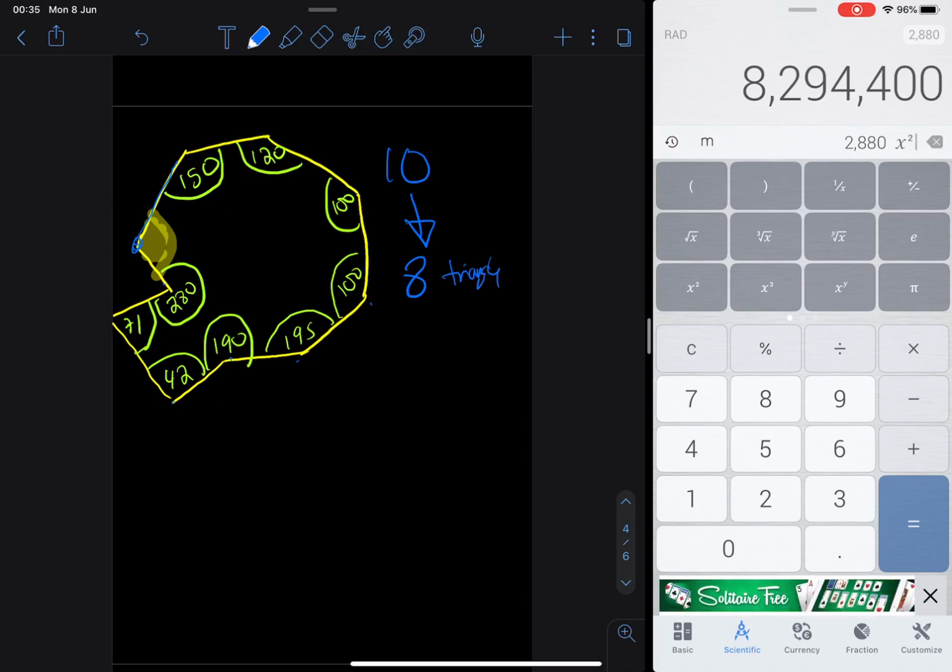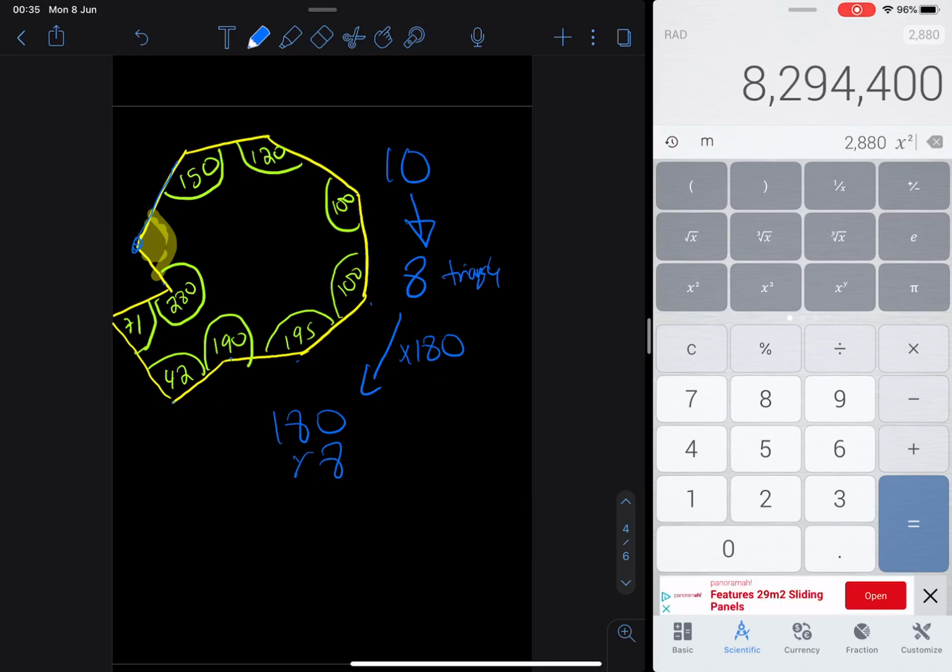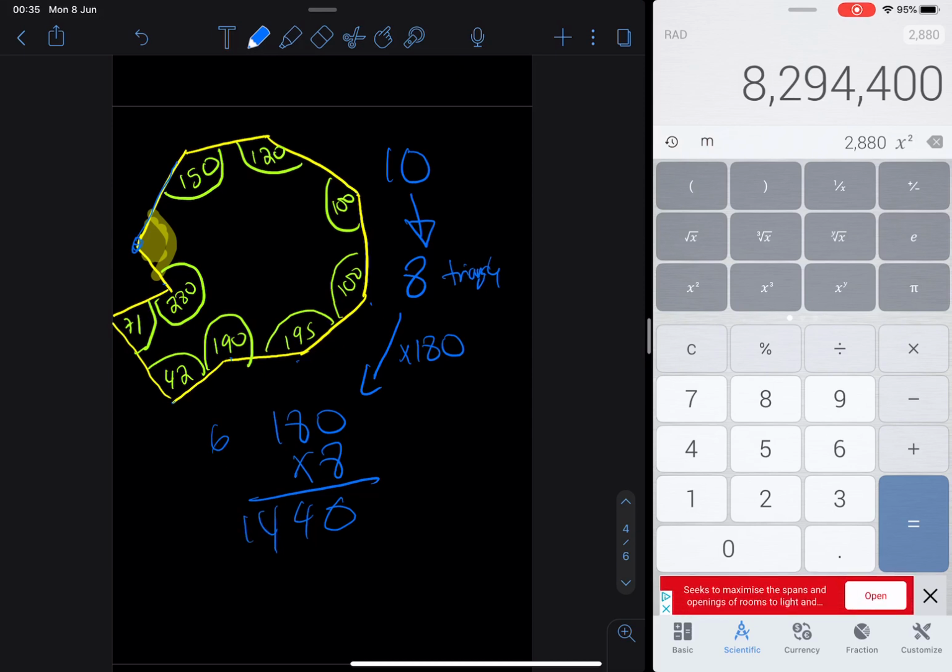If it's 8 triangles, each triangle is 180. To work out the sum of interior angles, I times it by 180. So 180 times 8: 0 times 8 is 0, 8 times 8 is 64, carry the 6, 8 plus 6 is 14. 1440.